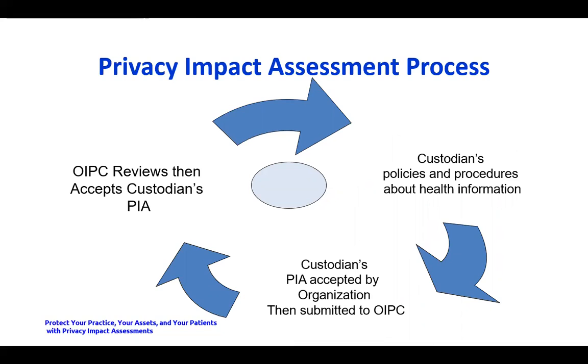Well, the whole process is, of course, cyclical. So it starts by having good policies and procedures in your organization, and then reviewing it in your organization. So there should be a review process in your organization where the lead custodians, all of the other healthcare providers, your business owners, and your privacy officers review and accept that privacy impact assessment.